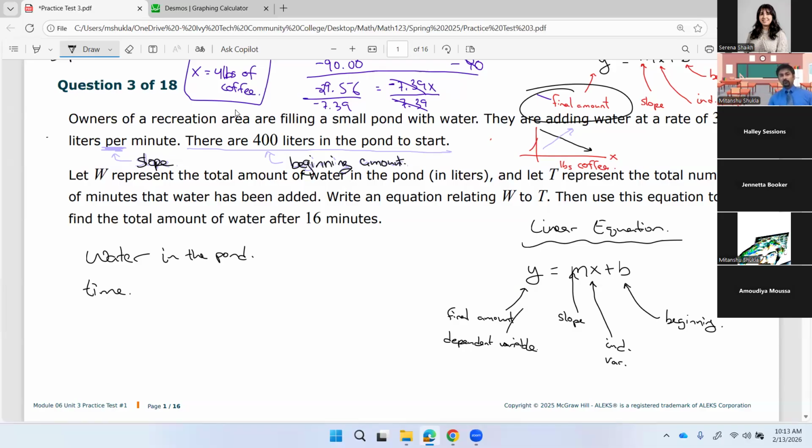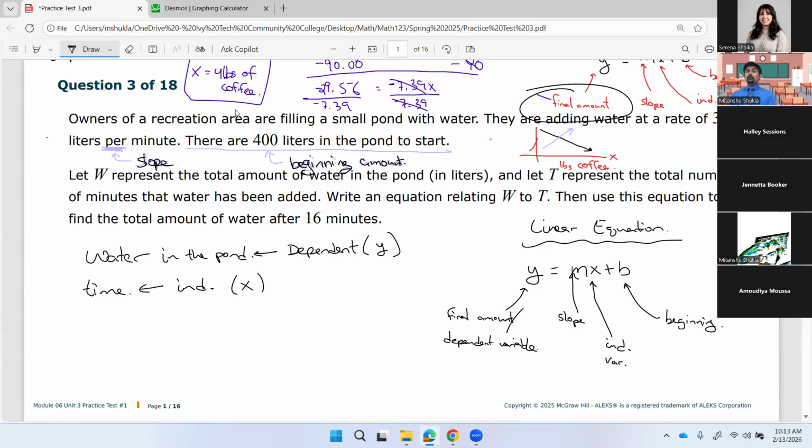It's going to keep going forward, right? That's truth. So we know that water is our dependent variable, and this is being represented by the letter Y. That means that time is our independent variable, and this is being represented by the X.